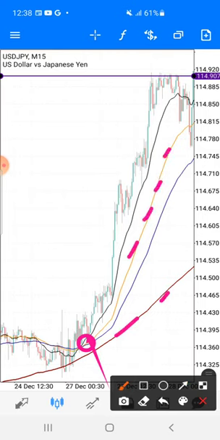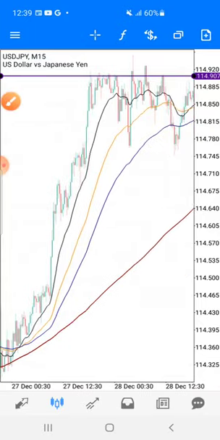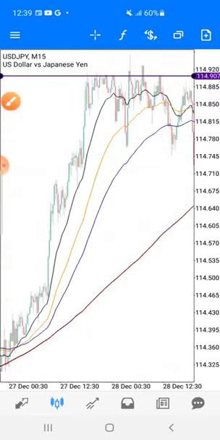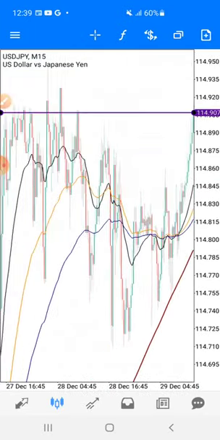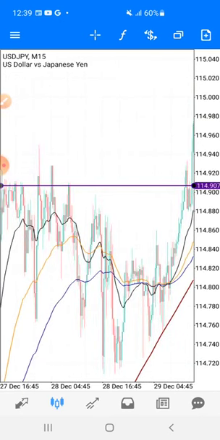If you are using this one, look at where your stop loss will be triggered at this point. You could have closed your trade at that point, because you see the price came down and retested that line. But if you are using this one, your stop loss could have been triggered somewhere here.